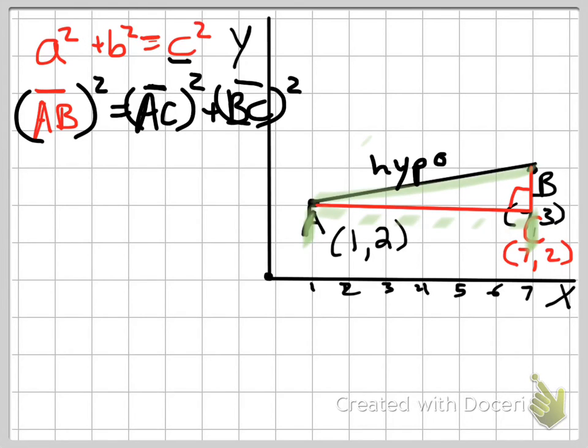I don't know what AB is, but I can find it using the Pythagorean theorem.